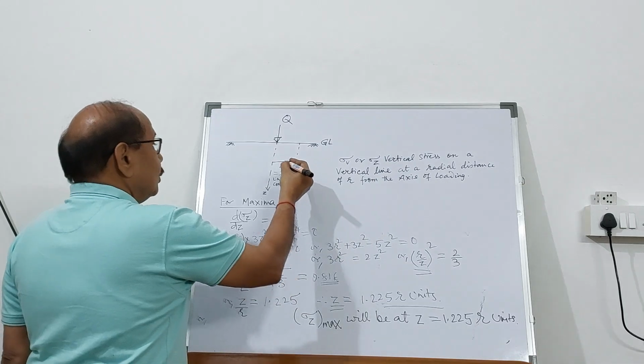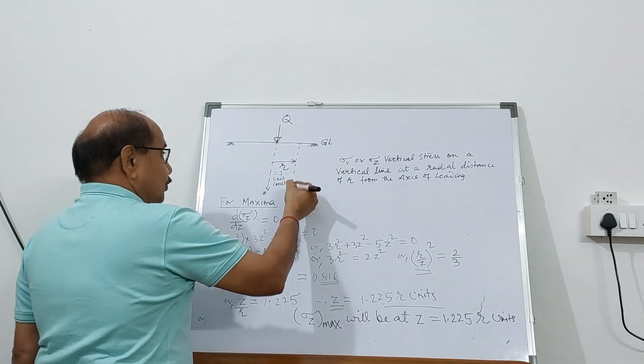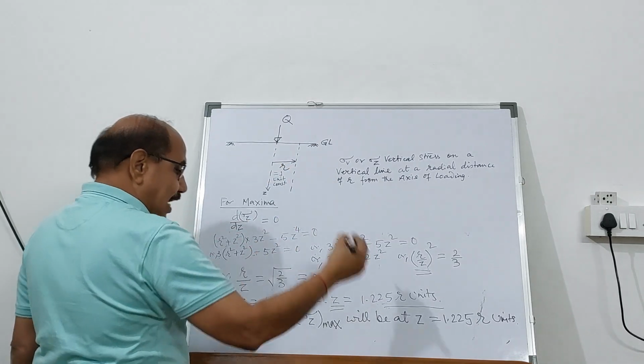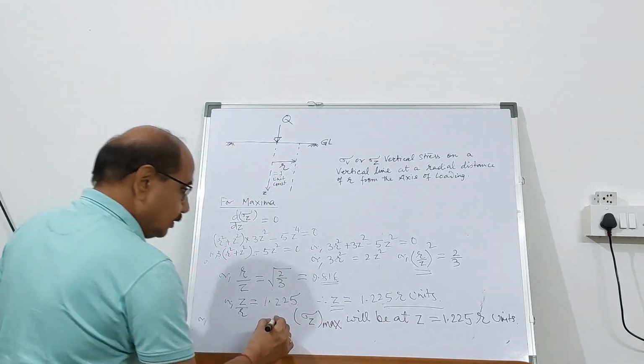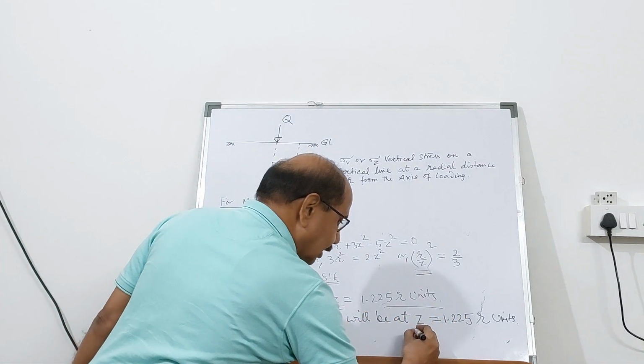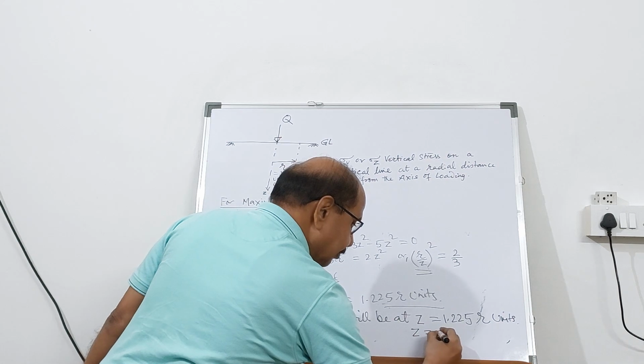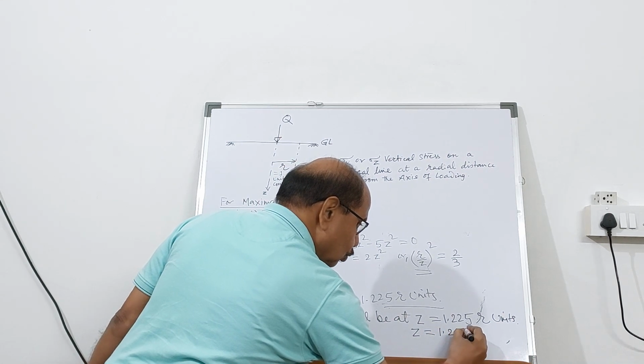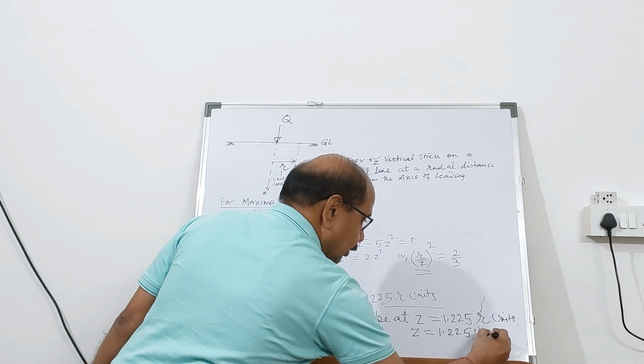So if I take r equal to 1, then z will be 1.225 units.